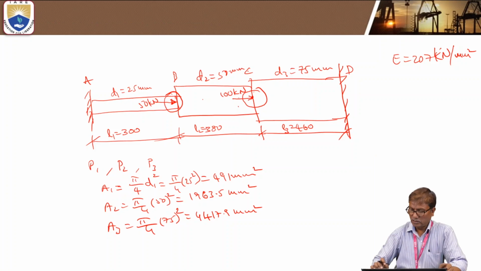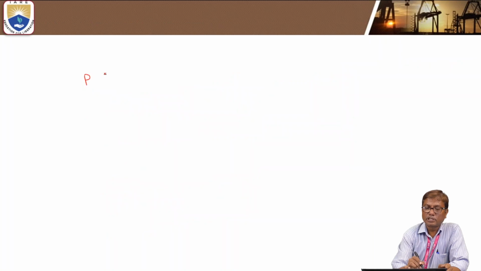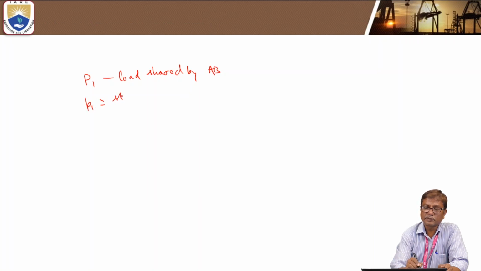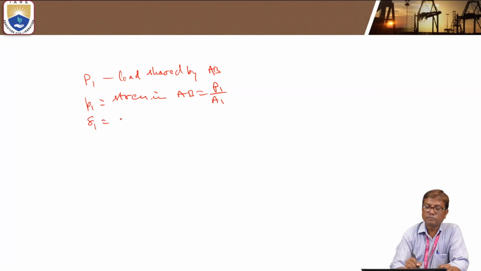Now, as we have seen, P1 is the load shared by portion AB, and let small p1 be the stress in portion AB, which is given as P1 by A1, and delta 1 be the change in length, maybe elongation or contraction. That's why we take change in length.